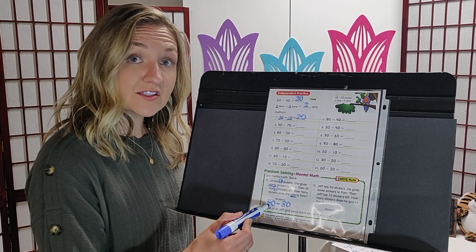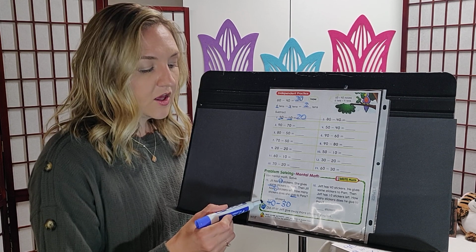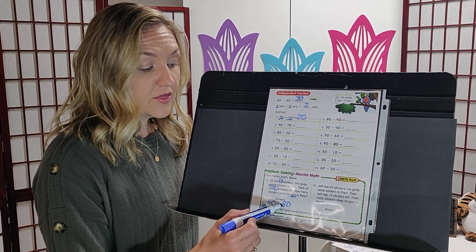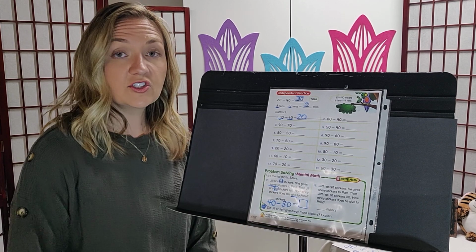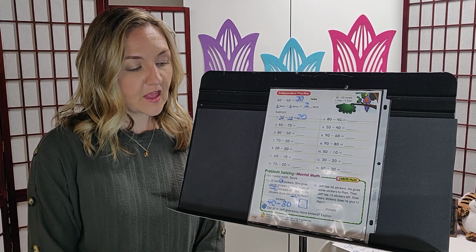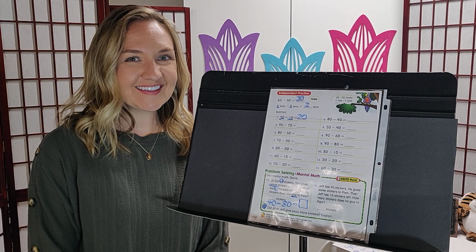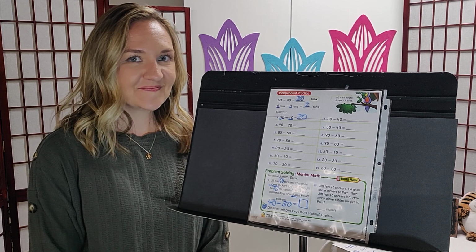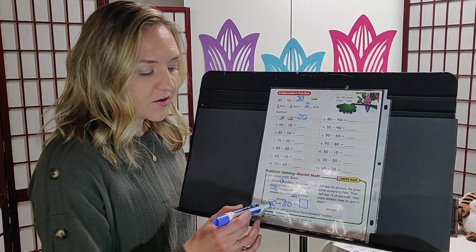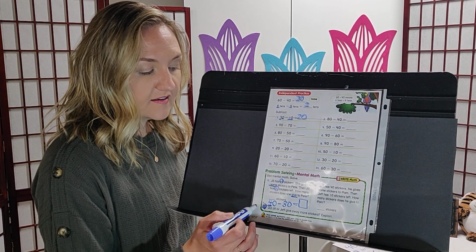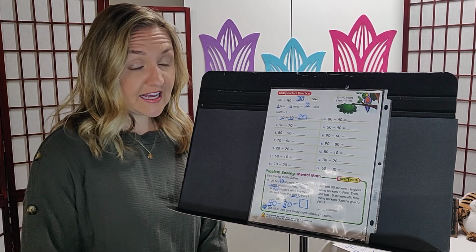Start on your 40 because it's the greater number. In first grade math, we start with the greater number for subtraction. We have 40, we subtract 30, and that will tell us how many she gave away. 40 minus 30. Try it on your own first, and then we'll do this together. Okay, so here's our clue. 40 is 4 groups of 10 minus 30, which is 3 groups of 10s.